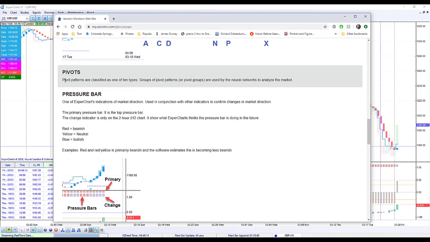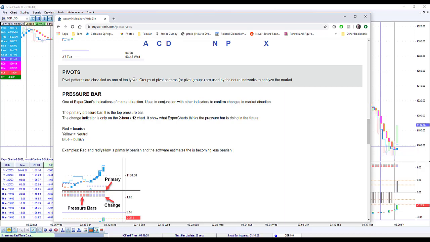The pivots, these are on the information page for the service. Basically, Daniel split up the markets into 10 different pivot types, and that's from Clyde Lee's work. Unfortunately, Clyde has passed on, but we still are using a derivative of his work. Daniel took it to a few more levels beyond what Clyde had.